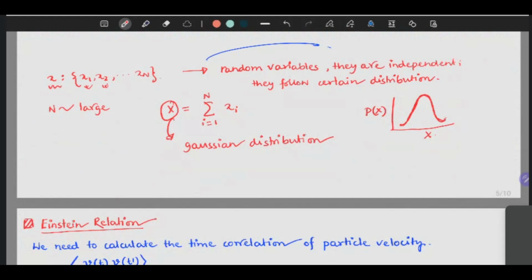Since t1 and t2 vary like this, and this is the t1 by t2 curve, we can say that t1 is less than t2 always in this region, right? In this region, let's say this point, t1 is always greater than t2, right?